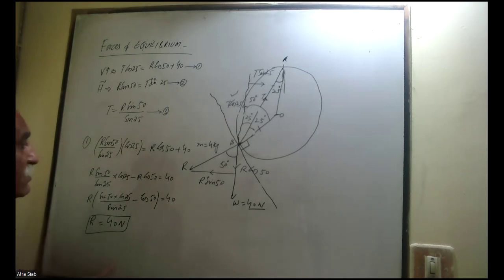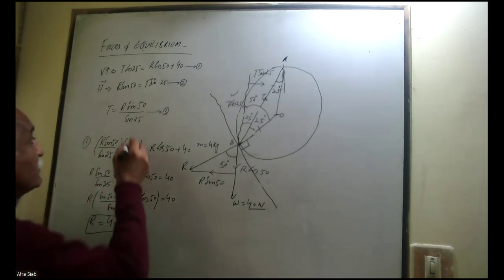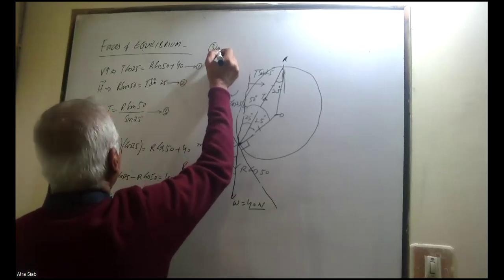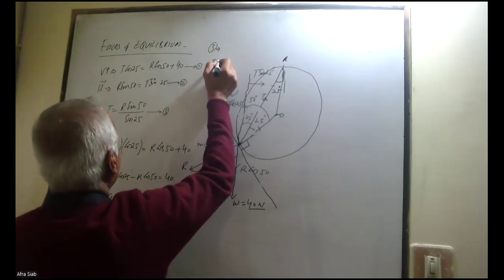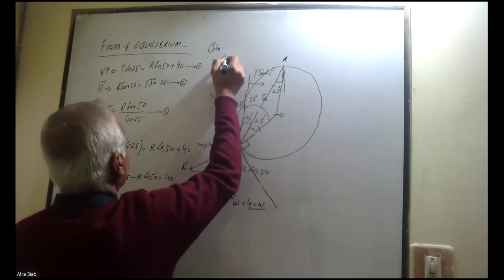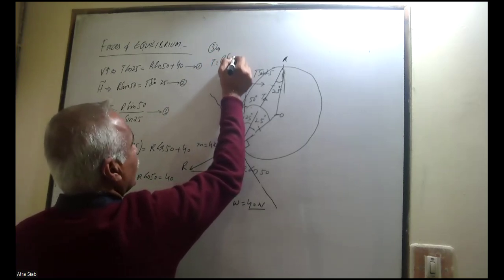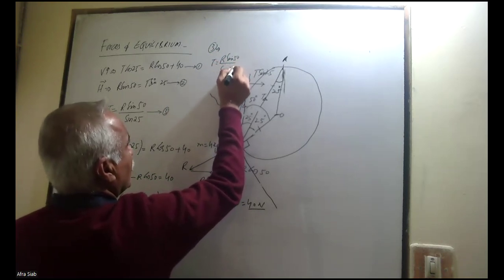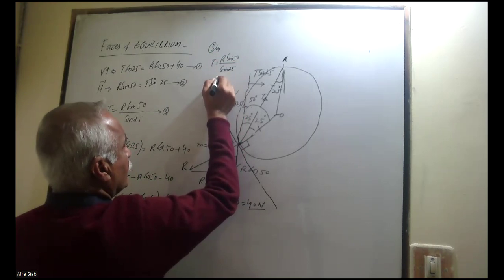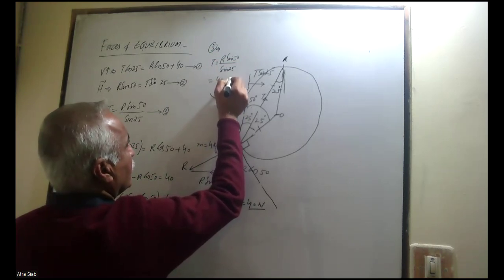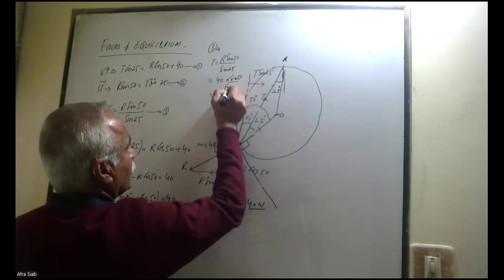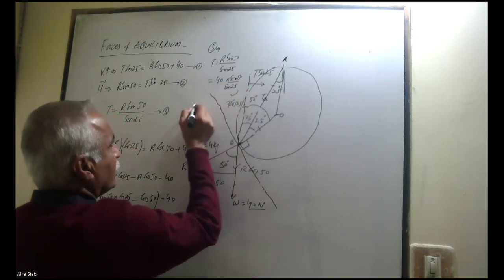Now, the value of T from this portion: T is equal to R sine of 50 over sine of 25, but the R value is equal to 40, so T is 40 into sine 50 over sine 25.